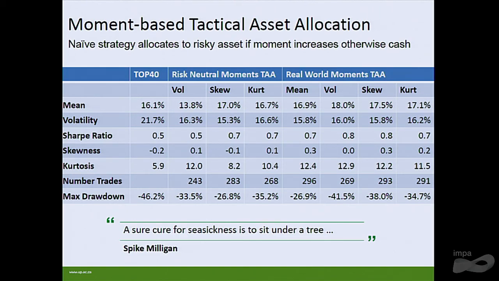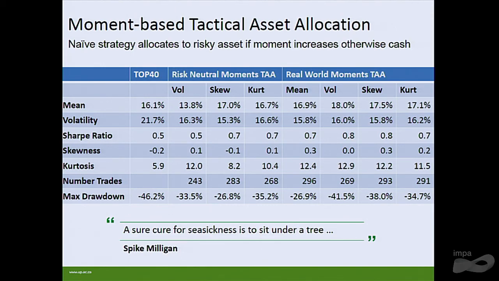But what is interesting is if I look at the maximum drawdown, my risk-adjusted number looks much better. So I get a number that outperforms the index because I've got a lower drawdown. Very interestingly, if I look at the risk-neutral skew, I get a number that gives me alpha. So I outperform the mean, just holding the index. And on a Sharpe ratio basis, you can see even risk-neutral gives me some information.